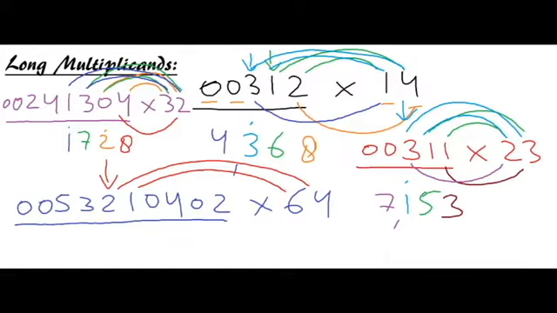Let me erase this part. Okay. Now our pair is this. 4 times 2 is 8 and 1 times 3 is 3. 8 plus 3 is 11 plus this dot will make it 12.